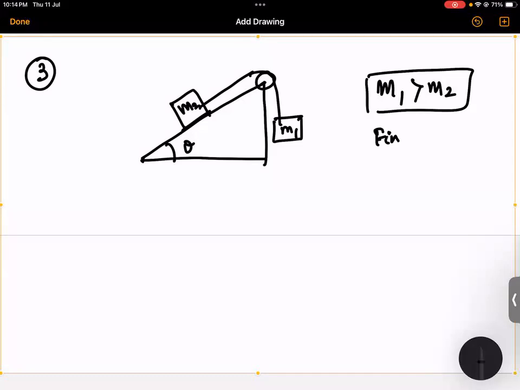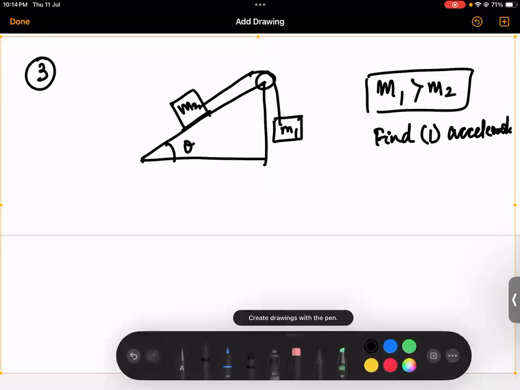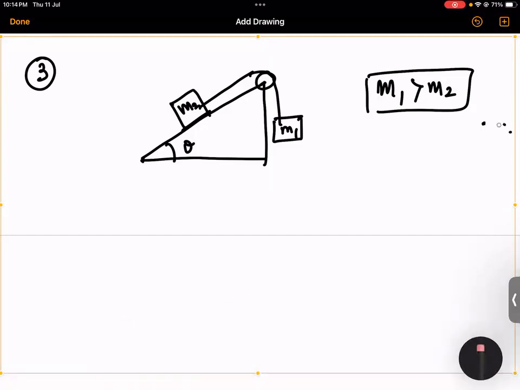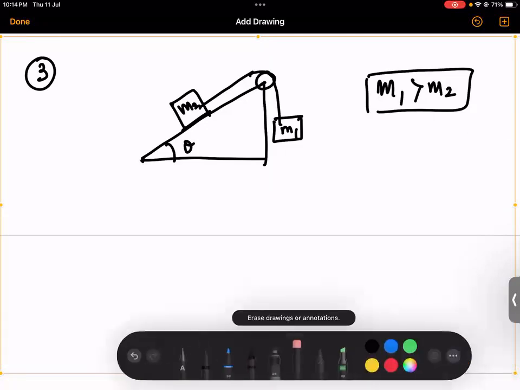Find, number one, the acceleration of the blocks.